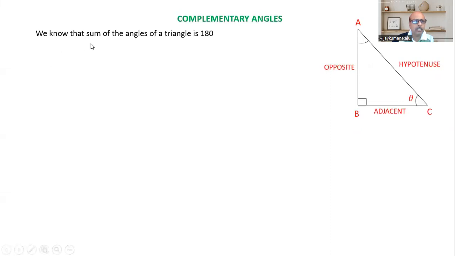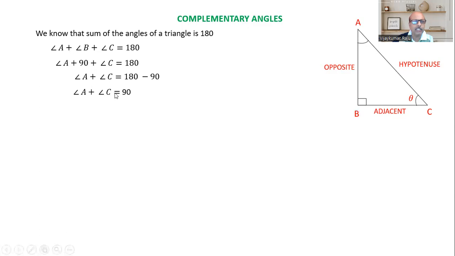That means angle A plus angle B plus angle C is equal to 180 degrees. But angle B is given as 90 here, so let's substitute it. Angle A plus 90 plus angle C is 180. Take 90 this side. It becomes angle A plus angle C is 180 minus 90. Angle A plus angle C is 90.